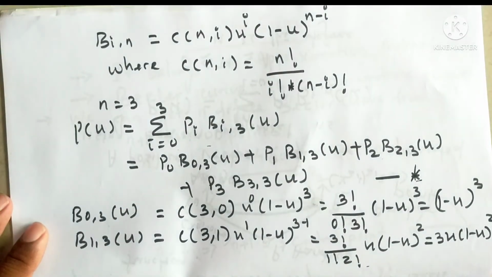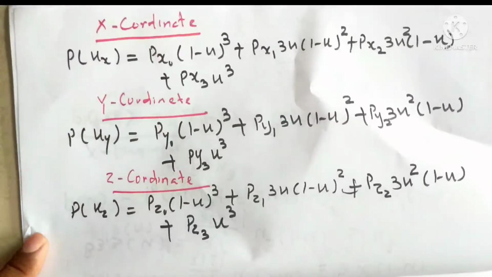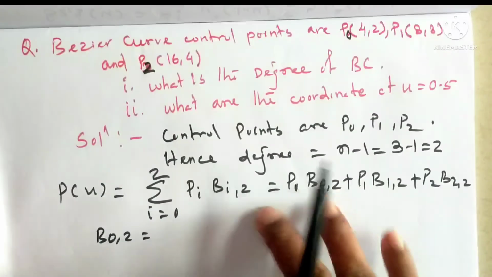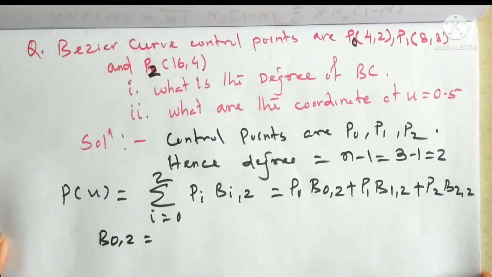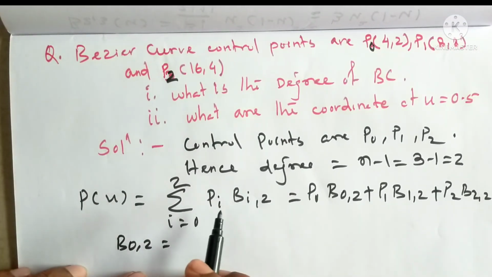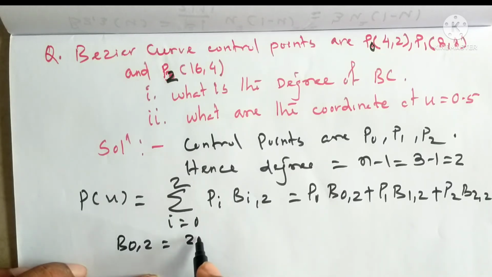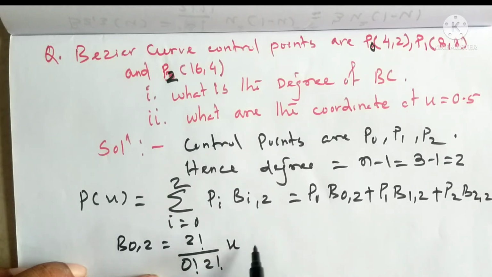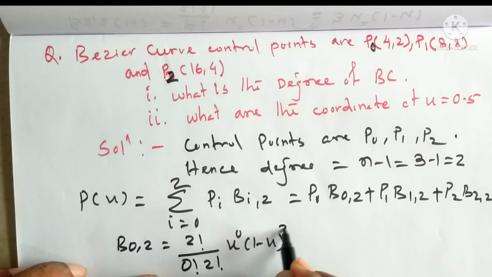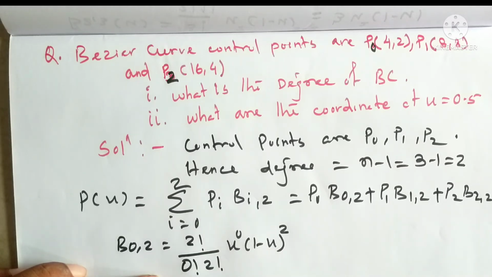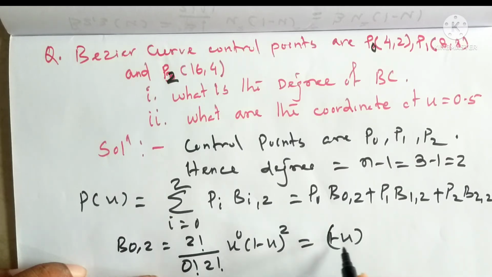So I can write B0,2 as 2 factorial divided by 0 factorial into 2 factorial, u to the power 0, (1 minus u) to the power 2 minus 0. So we got 1, and the value will be (1 minus u) to the power 2.